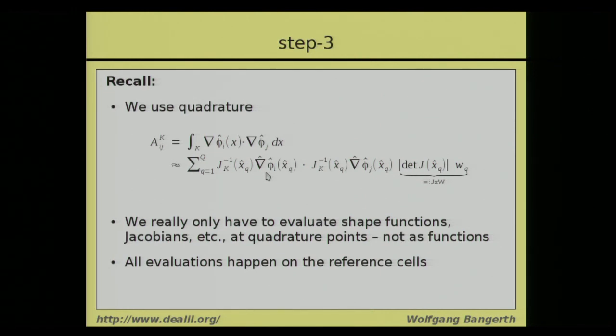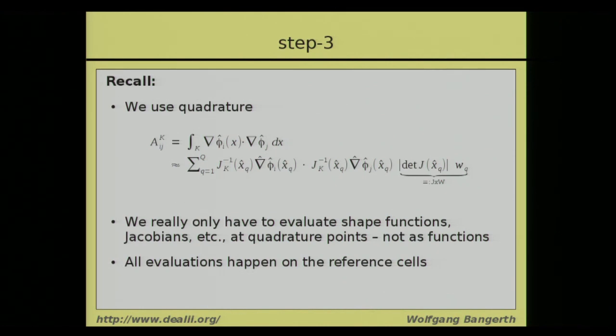If I need to evaluate the gradient of phi i on these quadrature points, it also is exactly the same every time. The only thing that changes from cell to cell is the inverse of the Jacobian of the mapping, this J to the minus 1 here. That is something that I really need to evaluate differently every time. But ultimately what I want to say with all of this is the following.